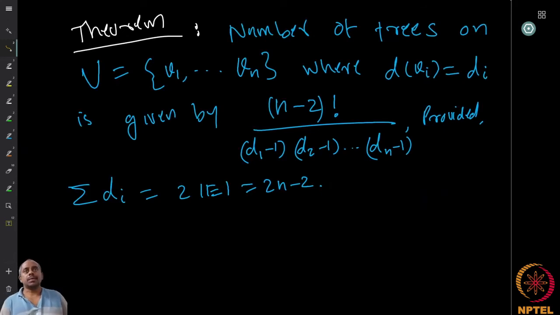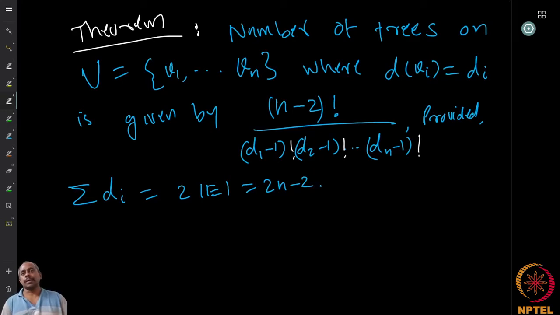The number of trees on the vertex set V, where degree of vi is equal to di, is given by (n minus 2)! over (d1 minus 1)! times (d2 minus 1)! times, etc., times (dn minus 1)!, where the summation of di is equal to twice the number of edges.